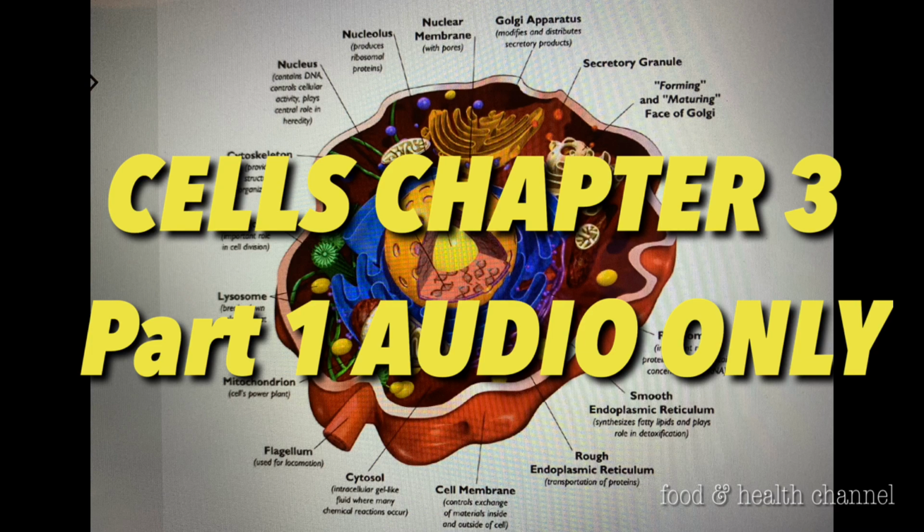One type contains ribosomes along its surface. It is called rough endoplasmic reticulum, or RER, because of its rough, sandpaper-like appearance. The RER is primarily concerned with protein synthesis.